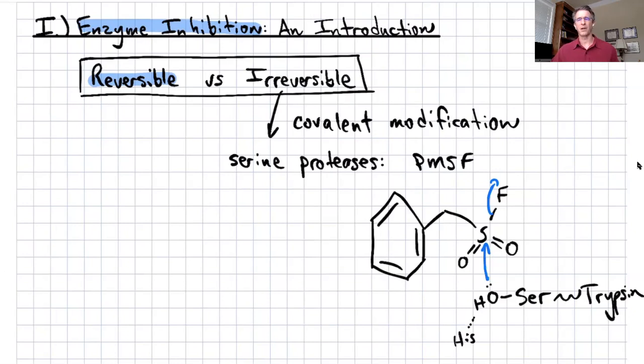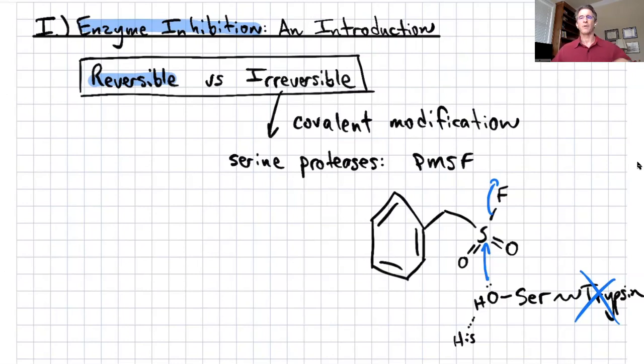Technically it is. It will hydrolyze back, but the hydrolysis is so slow that this effectively kills the enzyme. Once this happens, you get that sulfonyl adduct on the active site serine residue, the enzyme's dead, right?